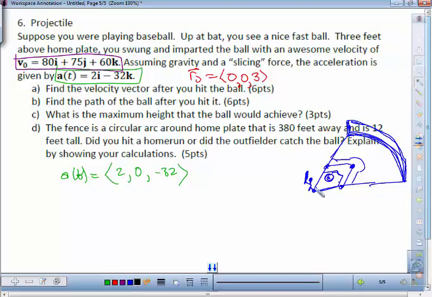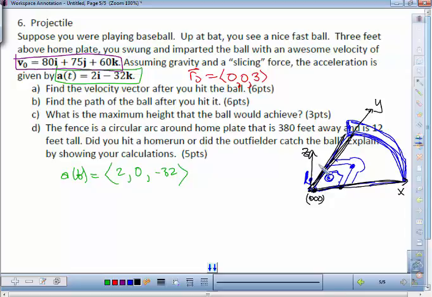So we can say that this is home plate, 0, 0, 0. This is the x-axis maybe, using the right-hand rule. This is the y-axis. And then the z-axis goes straight up. So the z will give our height.